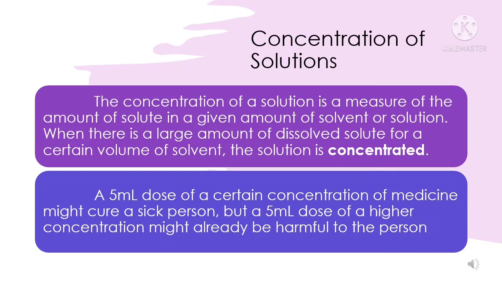A 5 ml dose of a certain concentration of medicine might cure a sick person, but a 5 ml dose of higher concentration might already be harmful to a person. For example, with two medicines of 5 ml, if one has a normal concentration, it might cure a sick person.